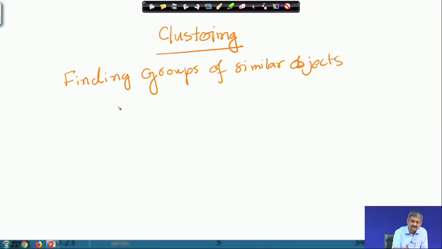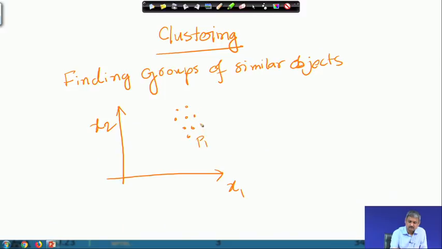So, for example, if I have two features and my data points are say these, and so on, and maybe there is another set of points.